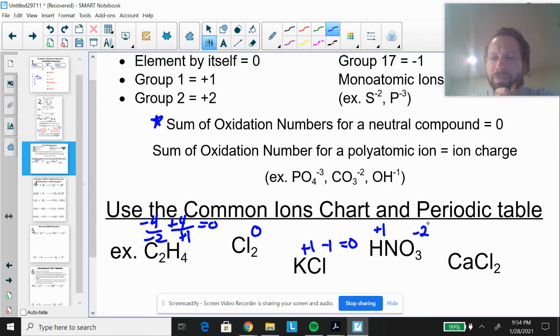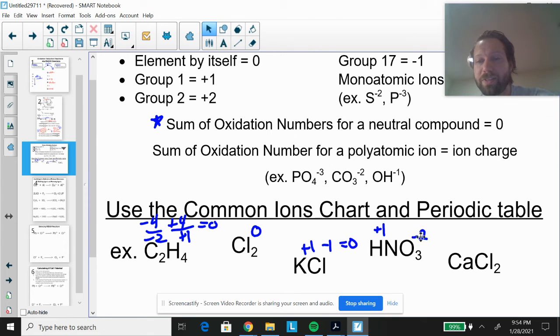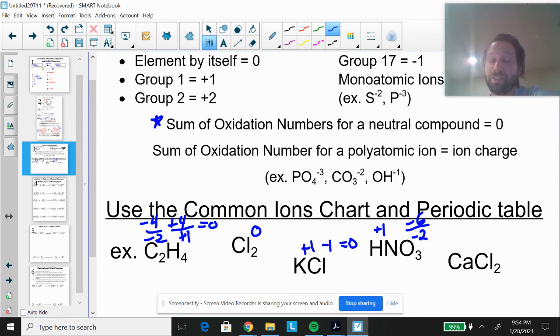So that's interesting, okay? +1 and then -2, and there are 3 oxygens. So in this case, the total for oxygens makes it a -6 just from the oxygens. Now, how are we going to figure out nitrogen? What its charge is?